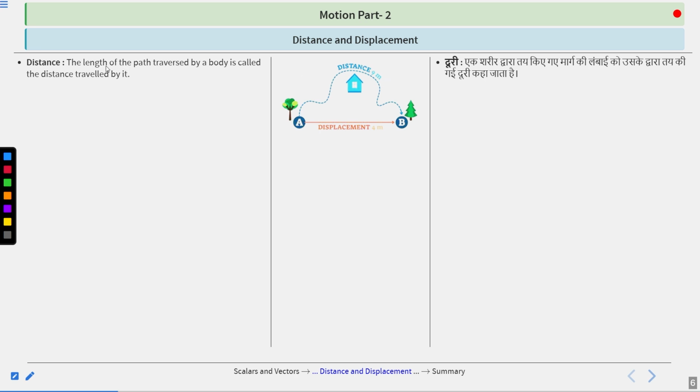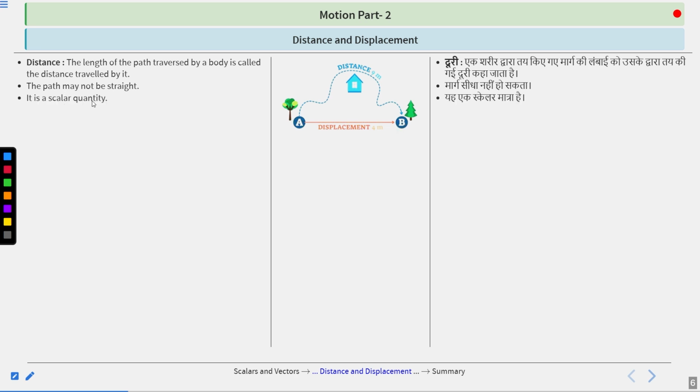So this is the length of the path. How much path has been covered by A? 9 meters. The path may not be straight. Like here you can say this path is not straight. This path is zigzag.